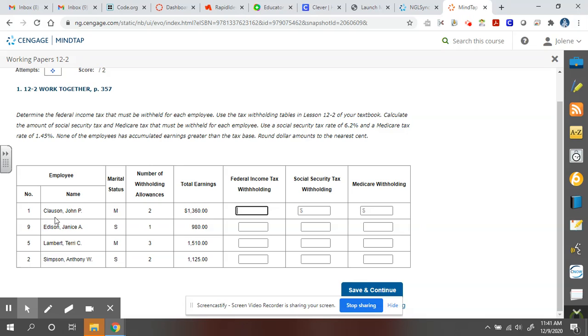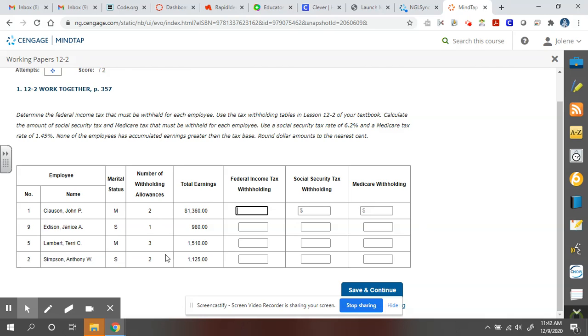So here I have John, and John is married with 2 withholding allowances. When you are employed, you tell the IRS, you tell the government how many withholdings that you want. Now, some people would put 2 here if they had 2 kids. They'd put 1 here if they had just themselves. Here's 3.